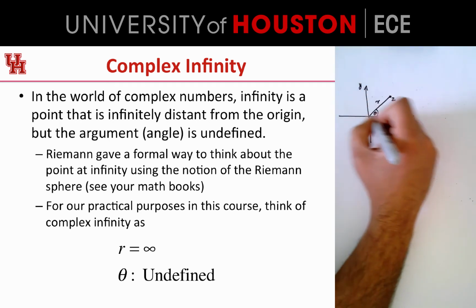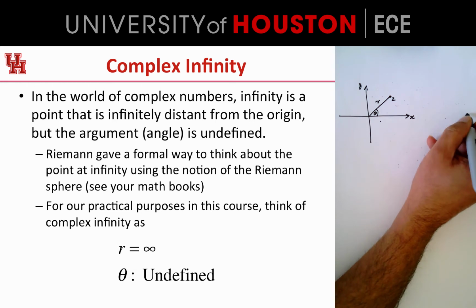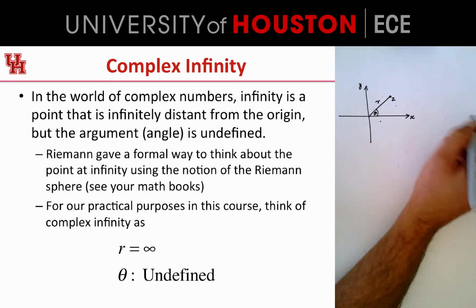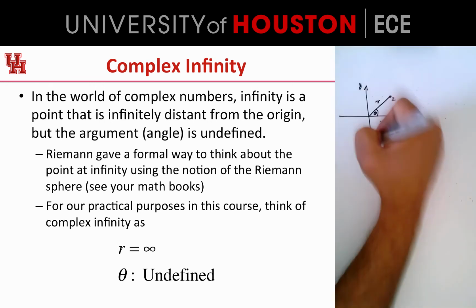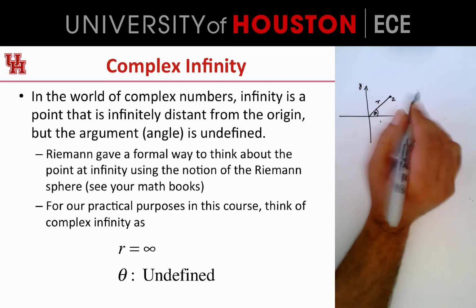If you're looking at just a one-dimensional axis, we know what infinity means. It's a point that's really, really far away. To be precise, it's a point that's farther than any other point that you can think of. And the same thing along this axis. But how do you consider the notion of infinity in a plane?